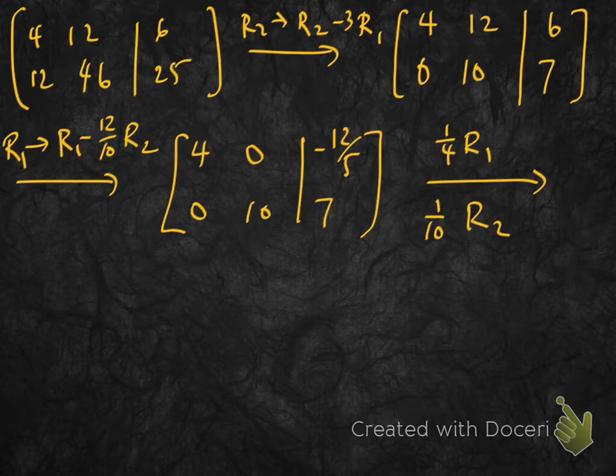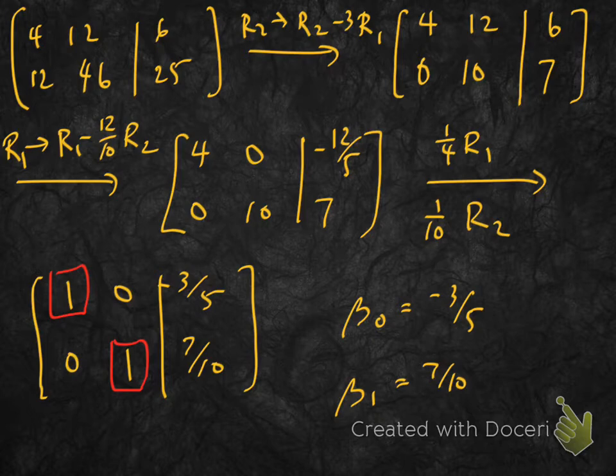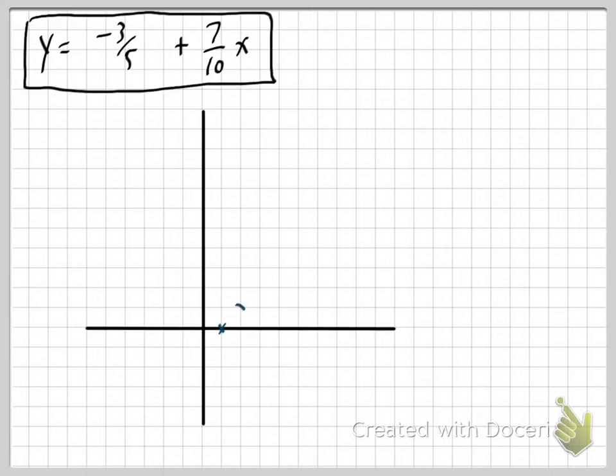And finally, I can scale row 1 and scale row 2. And then I have this in reduced echelon form. So I notice the solution, beta naught is negative 3/5 and beta 1 is 7/10. Which tells me the least squares line is y equals negative 3/5 plus 7/10 x.